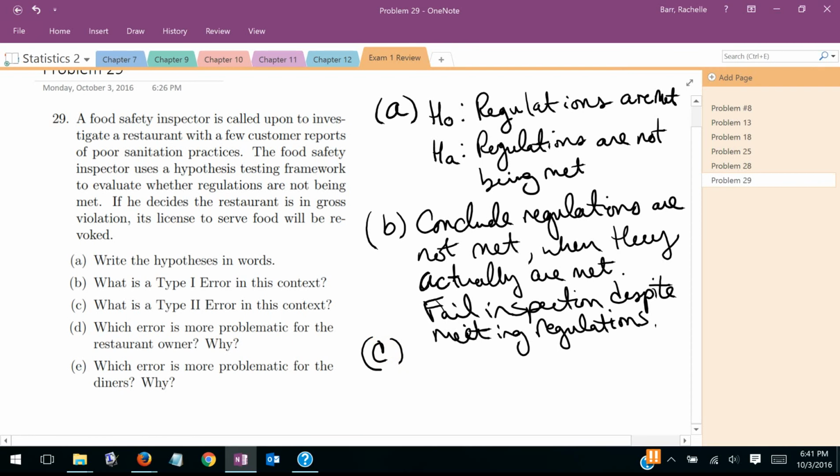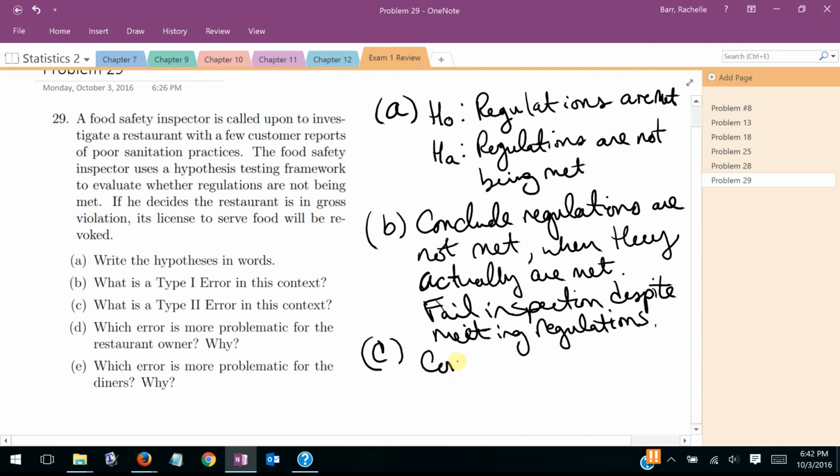So with the type 2 error, remember that's going to be I fail to reject my null hypothesis, and the hypothesis is actually false. So here you would conclude, hey, my regulations are being met, but they're actually not.